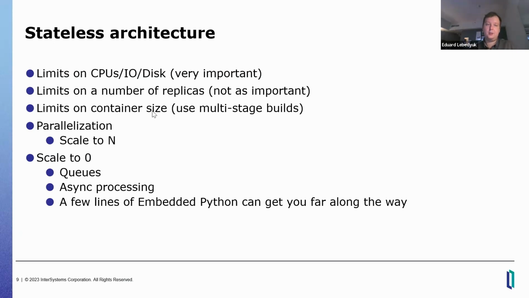Another thing to remember is your auto-scaling strategy. You can scale based on the number of requests or, for example, backlog size. If you have a backlog, for example if you consume from a queue, you can scale based on the size of the queue.